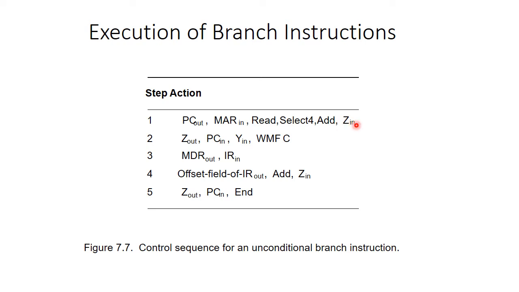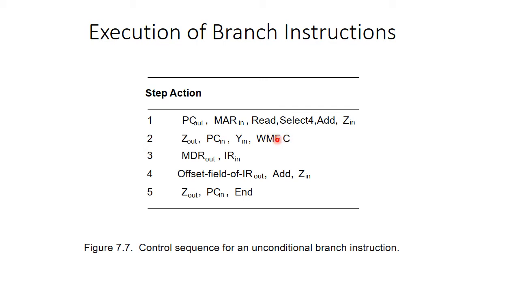That is fed into the temporary register Z by enabling the Z in signal, so that the incremented program counter will be available in Z, and Z out becomes enabled as 1. It can be fed again into the program counter, so that it points to the next instruction following the currently read instruction. During that time, it is waiting for the read operation to complete. The memory read operation takes some time, so there is a wait for memory function completed.